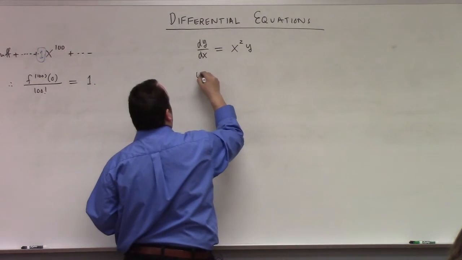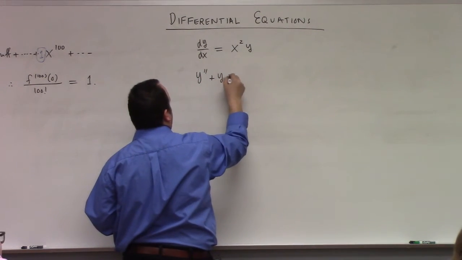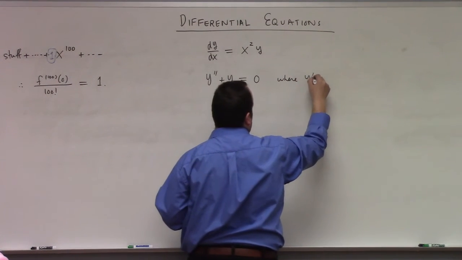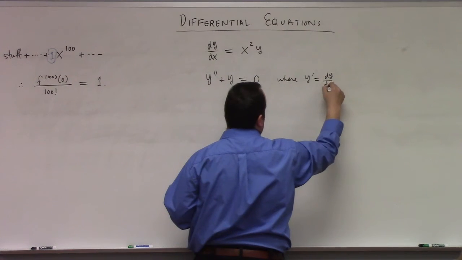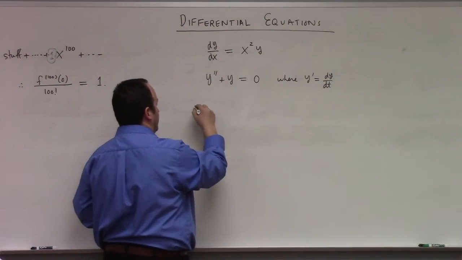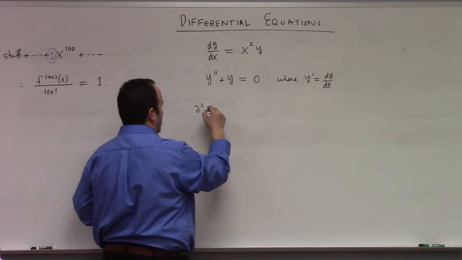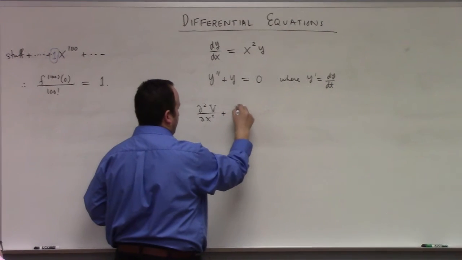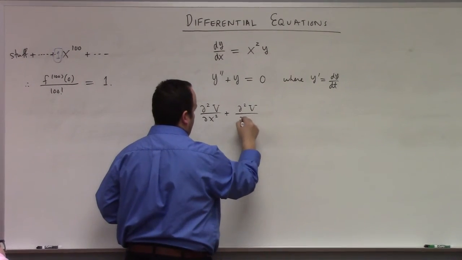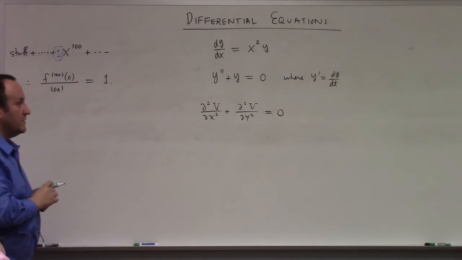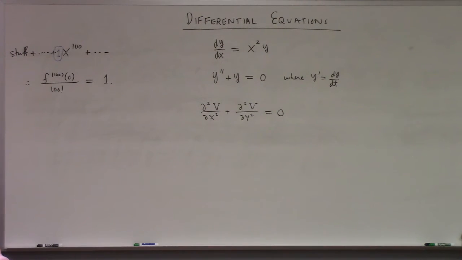Or we could have y double prime plus y equals 0, where y prime is equal to dy/dt. Another example would be partial squared V over partial x squared plus partial squared V over partial y squared equals 0.